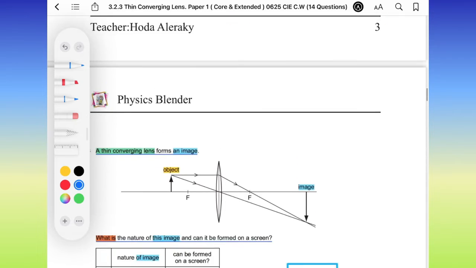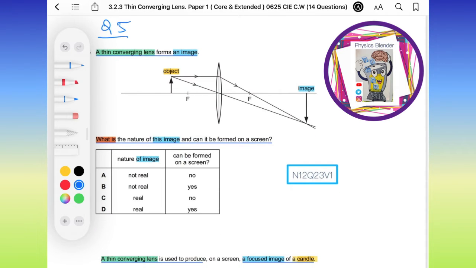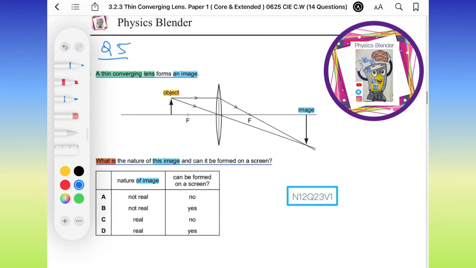Question number 5. You have here a thin converging lens and it is asking you about the nature of this image and if the formed image can be received on a screen. You know that in all cases of thin converging lens, we have a real image for core. For extended, they have the magnifying glass, which is the only case for virtual.